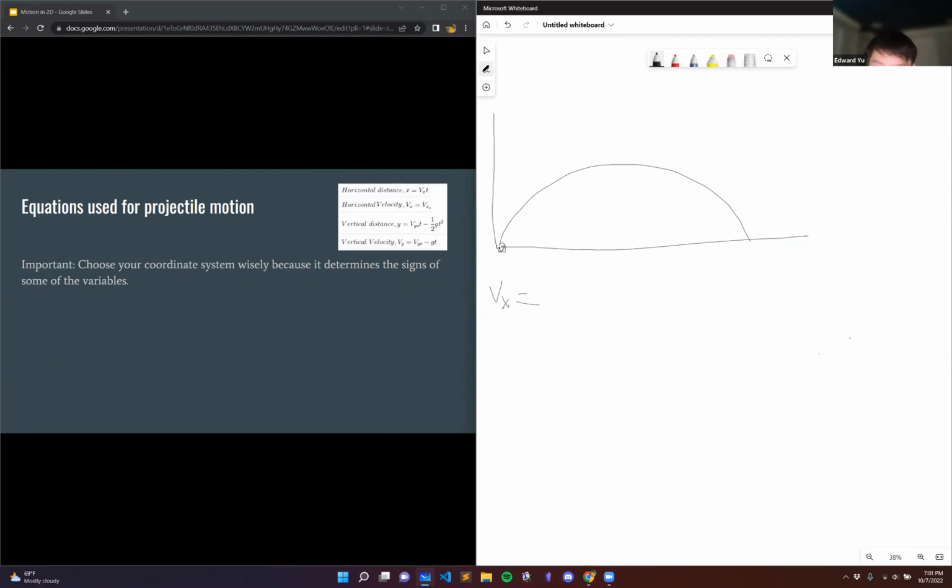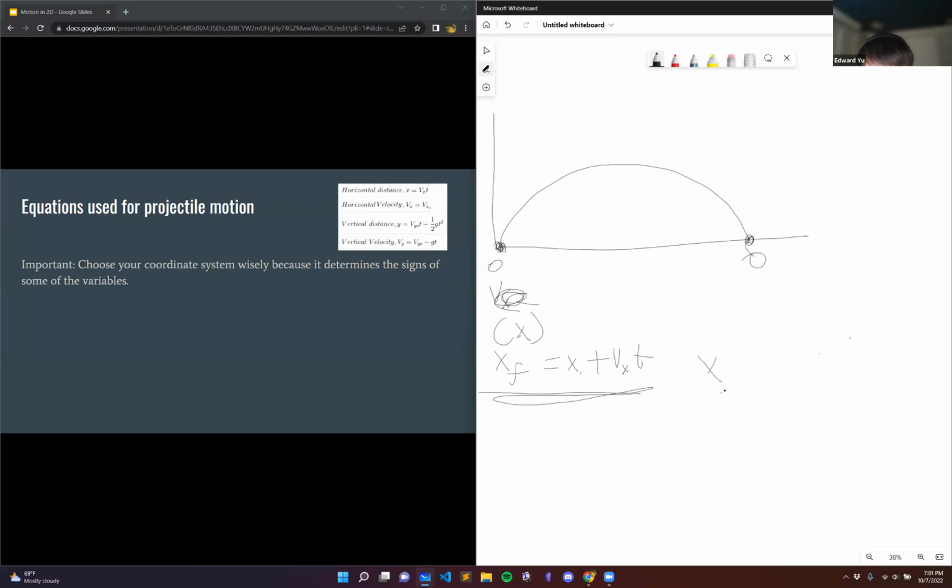So we're assuming that this is 0 and it also ends at 0. These are both 0. So I'll start with this equation. The final position, which is this position, is equal to the initial position, which is this position, plus Vxt. And since there's no acceleration acting in the X direction, it's just going to be this formula.